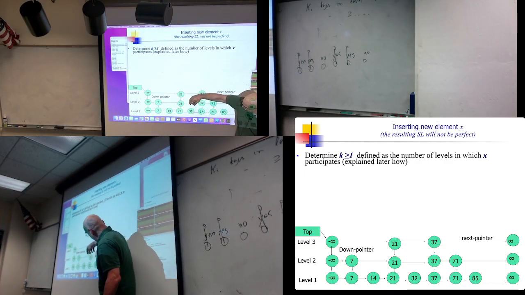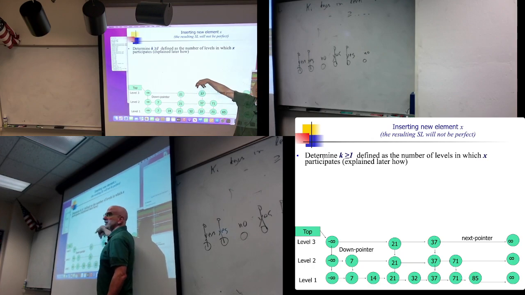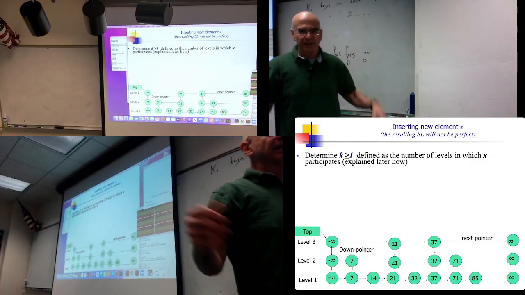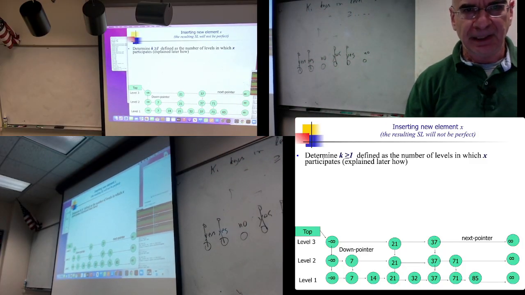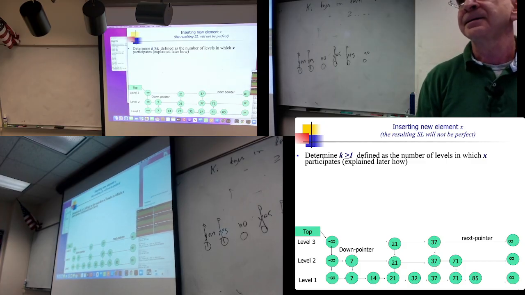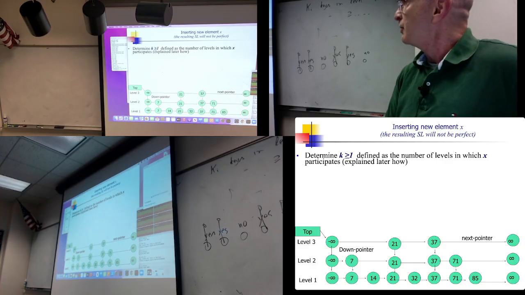I want that every once in a while there will be a new element that participates in a large k, and frequently an element that participates in only a few levels. So the secret in determining a good balance, when I'm inserting x, is determining k, in how many levels this new element is going to participate.